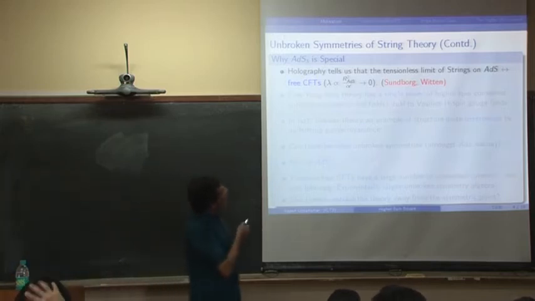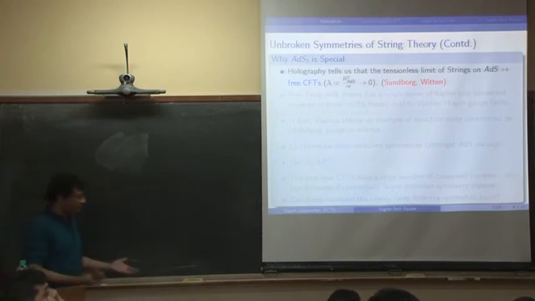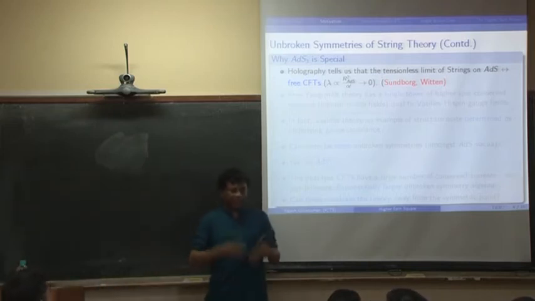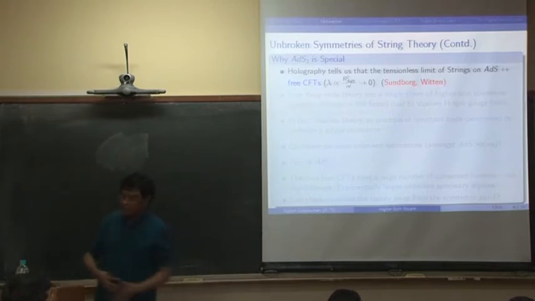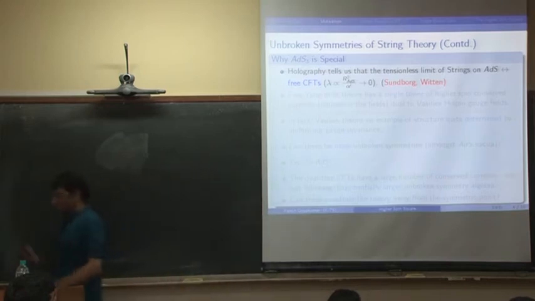And in fact, there are many cases that we now understand fairly well. We have string theory on AdS5 times S5, string theory on AdS4 times CP3, and AdS3 times various spheres and so on.